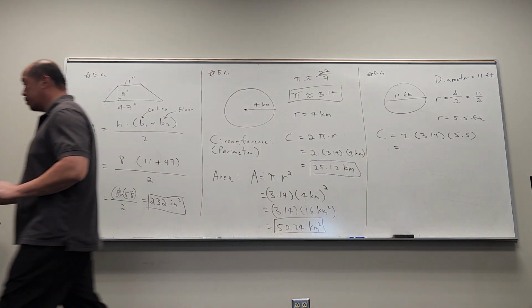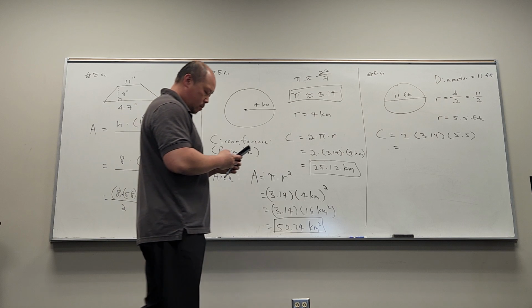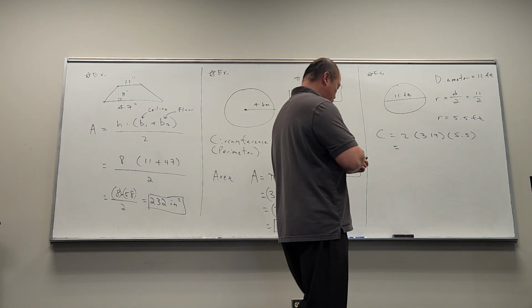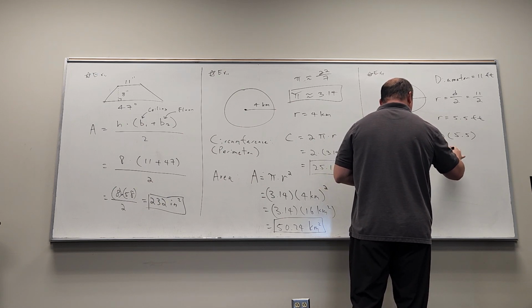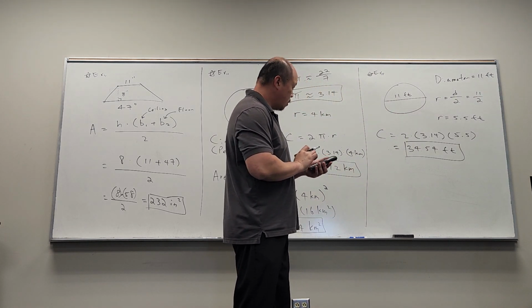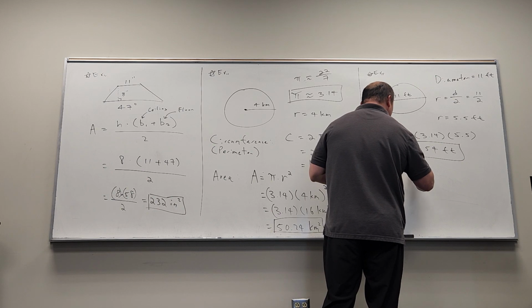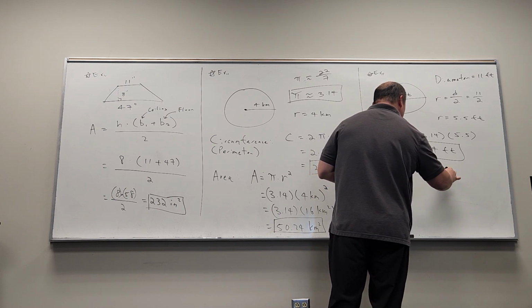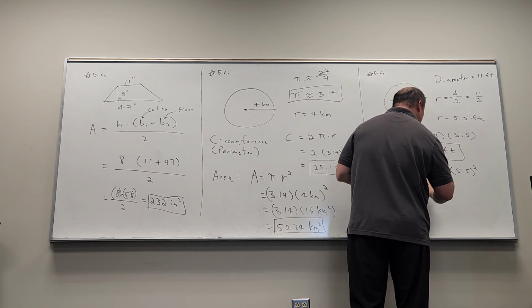What is it, calculator? And area is gonna be pi times radius squared, which is 3.14 times 5.5 squared.